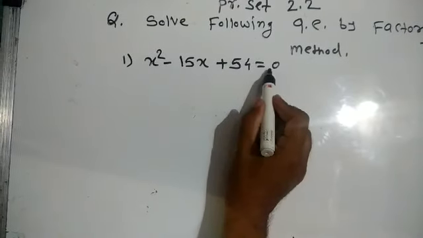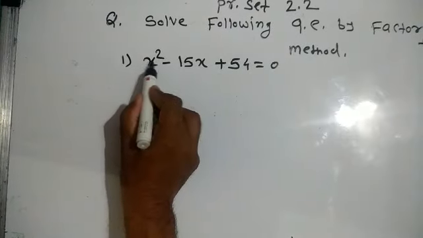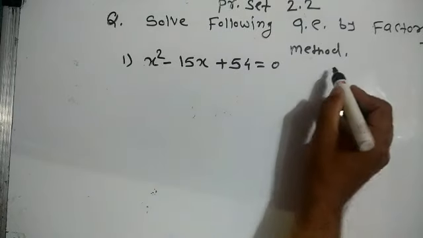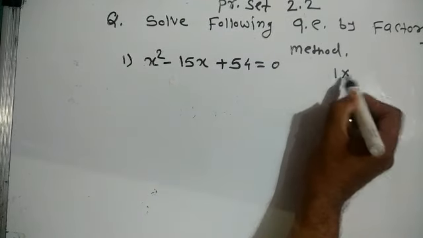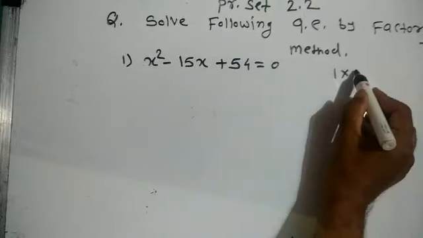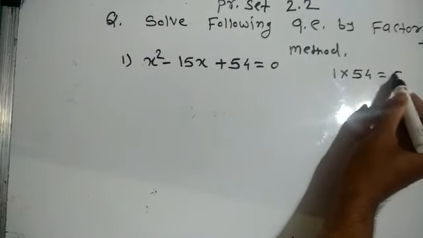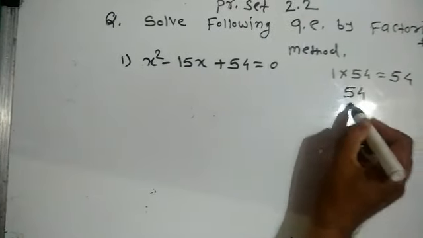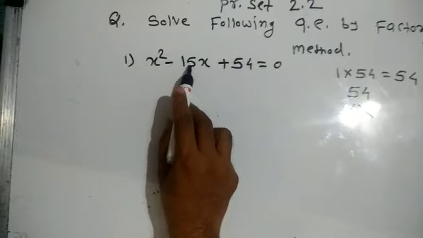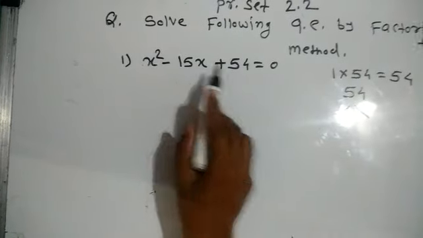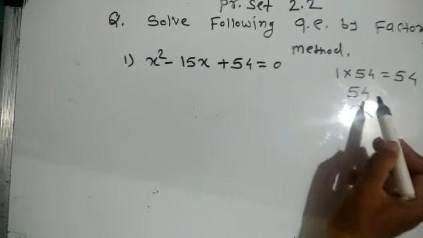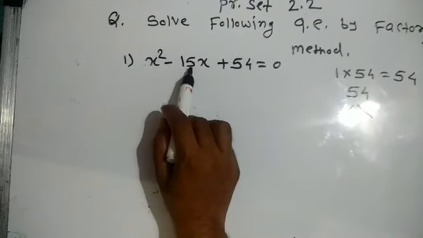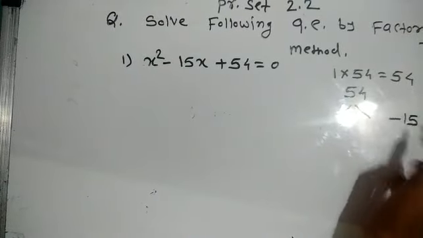The equation is in the standard form. The coefficient of x square is 1 and the constant term is 54. Therefore, multiply the coefficient of x square, that is 1, with 54 and we get 54. Then find two numbers whose product is 54 and whose sum is minus 15, the coefficient of the middle term.